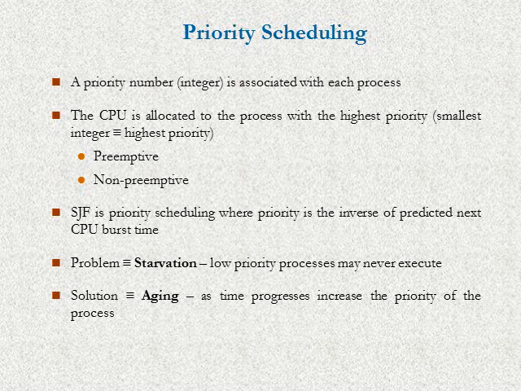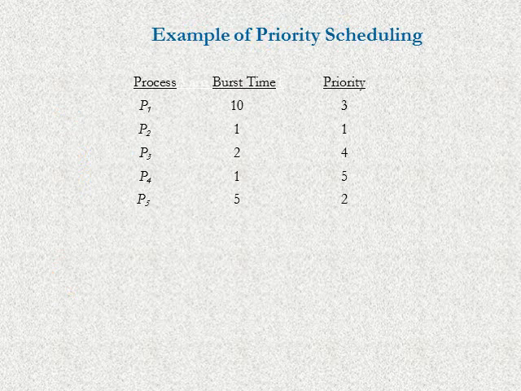After a while, its priority will be higher than all the other processes present in the system, so it will get executed. So in priority scheduling, we can solve the problem of starvation through a technique of aging. As time progresses, we can increase the priority of a process, just to make sure that eventually this process will get executed.